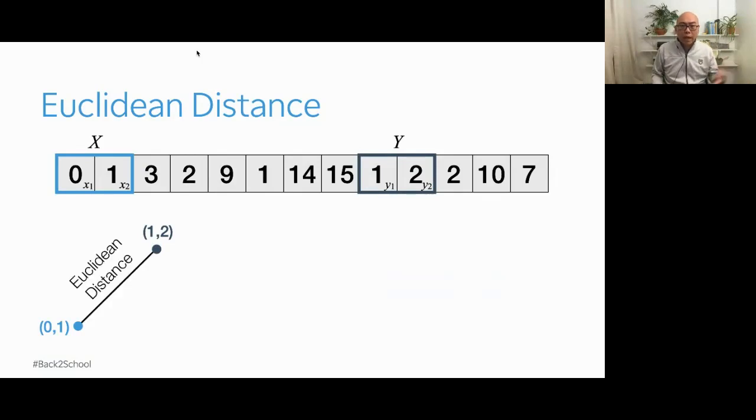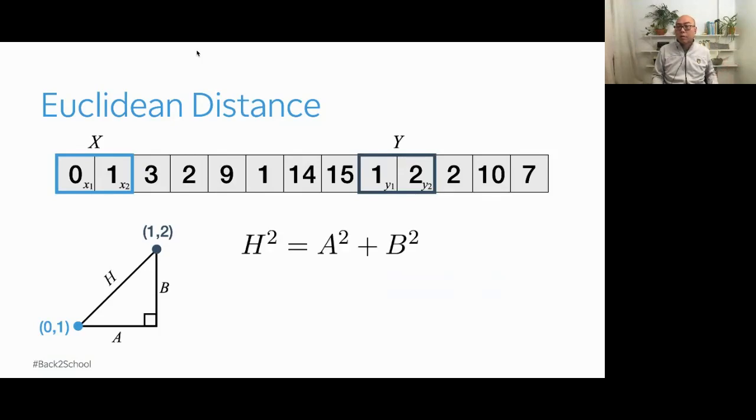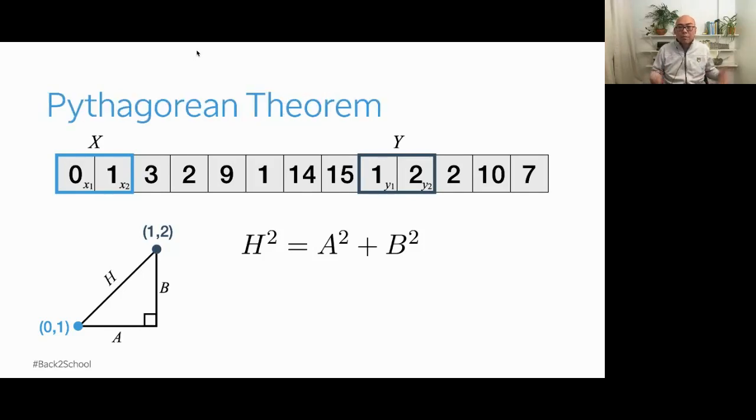To simplify, we won't use all this jargon, we'll just call it h, the distance between them. Most of you actually know how to compute this. We do this by drawing a right angle triangle, labeling the sides, and we can see that the distance between these 2 subsequences can be computed from h squared equals a squared plus b squared. Hopefully this is familiar, and this is nothing but the Pythagorean theorem.